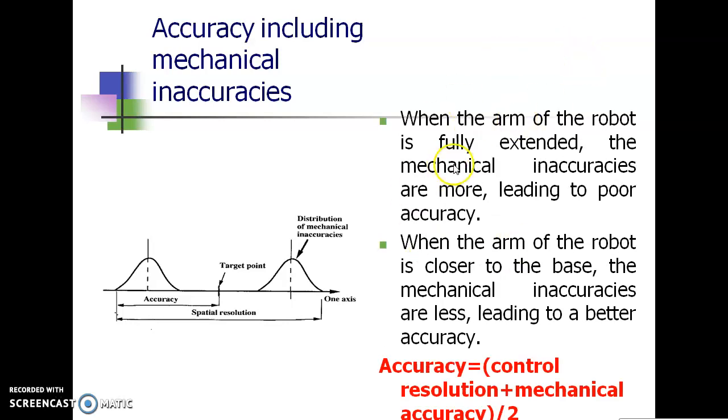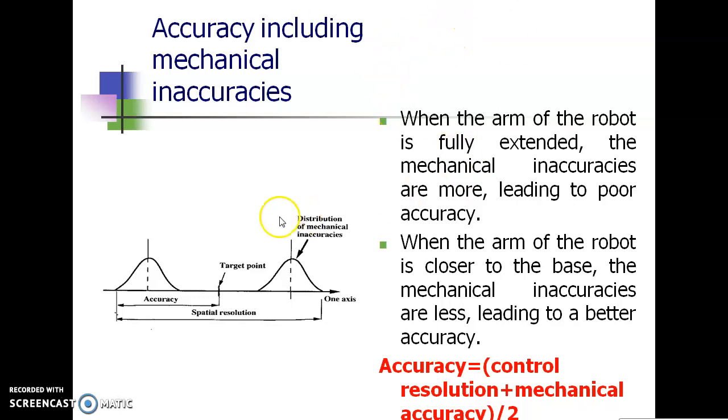When the arm is in a fully extended position, the mechanical inaccuracies are more, leading to poor accuracy. When the arm of the robot is closer to the base, the mechanical inaccuracies are less, leading to a better accuracy.